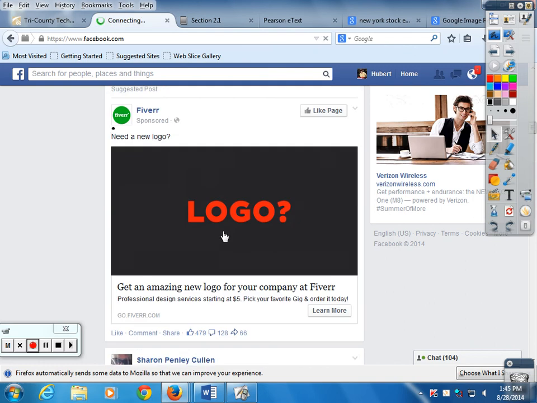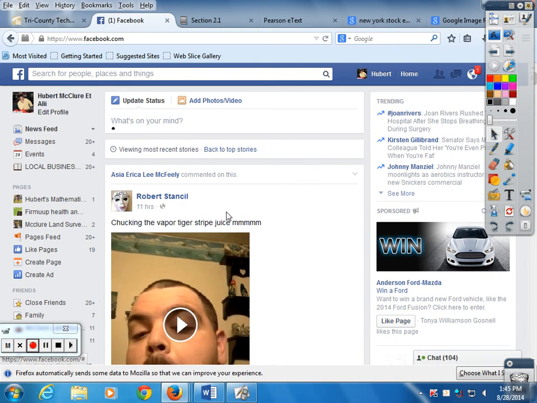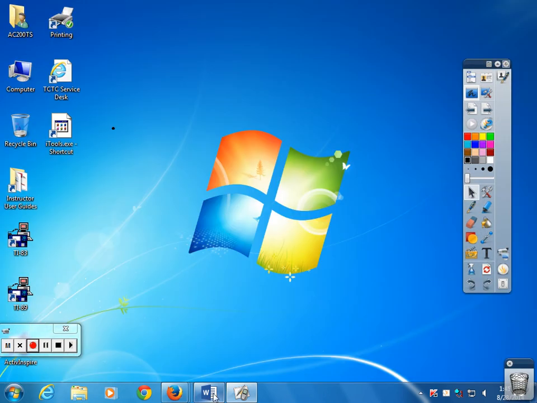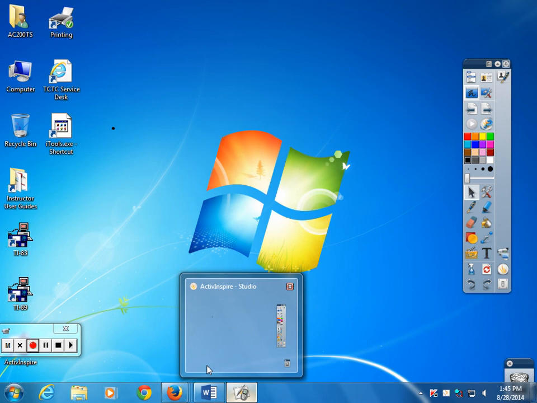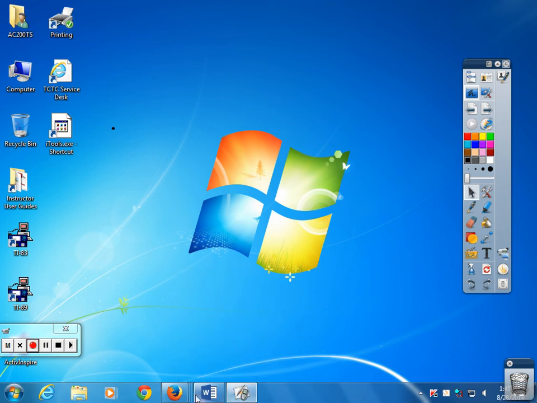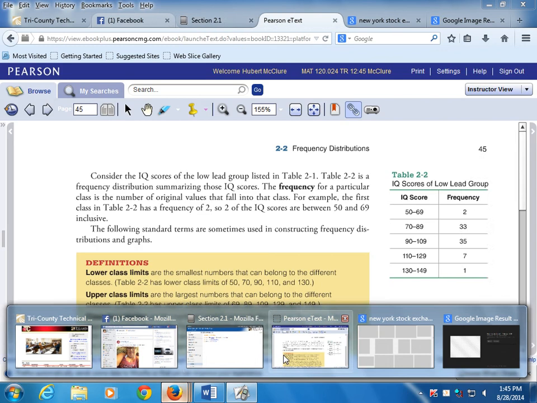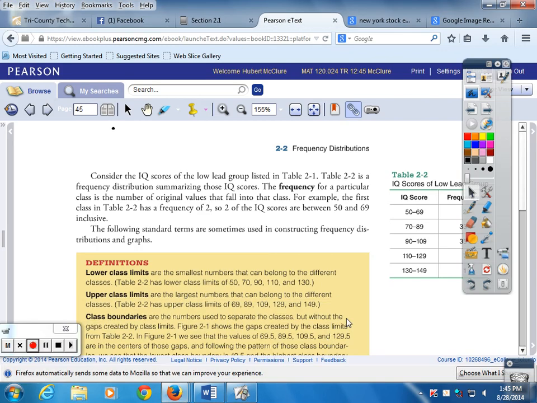So, some of you may have never seen this before. Some of you are like, I don't know how to do it. Well, it's not that bad. Believe you me, it's real easy. I'm trying to pull it back up. Can't pull it back up. Where is it? There it is. All right.